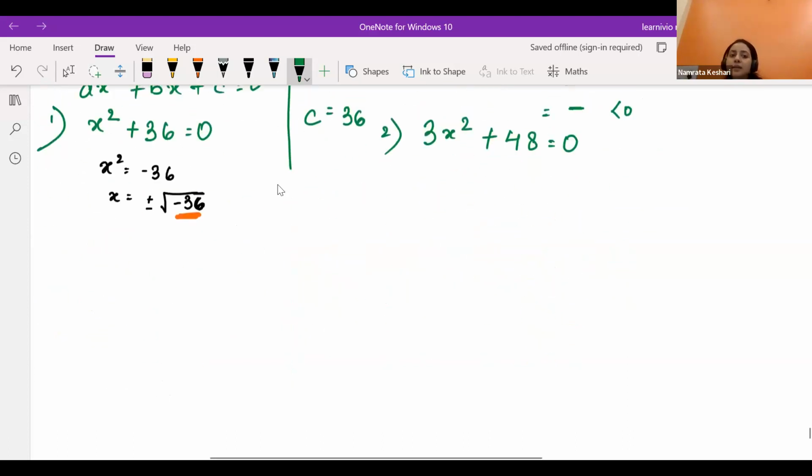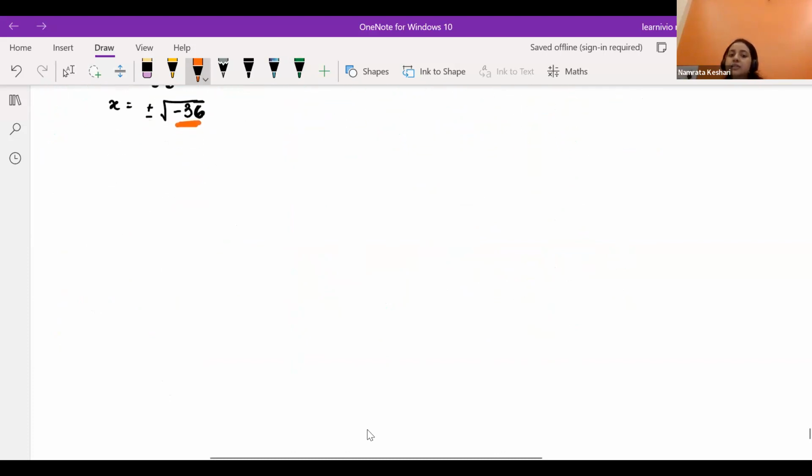Here comes the concept of imaginary numbers. Mathematicians say that whenever we get a negative sign inside the root, we will say this is nothing but i. i is iota. We use the iota sign to represent that it's an imaginary number.